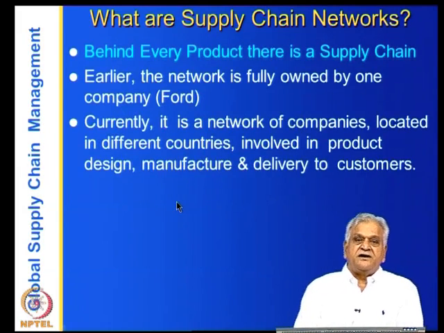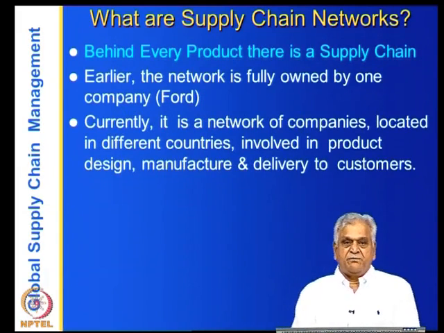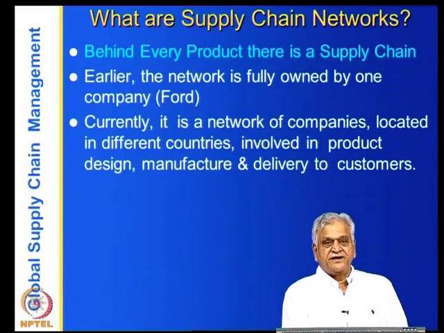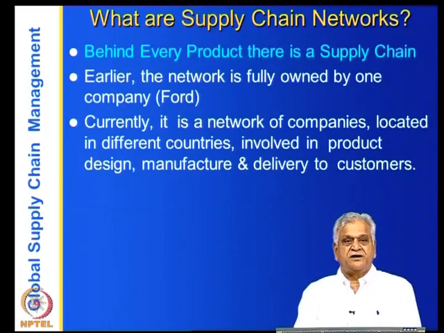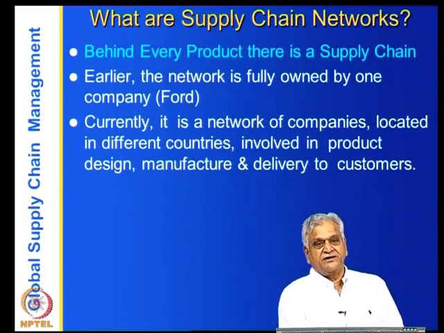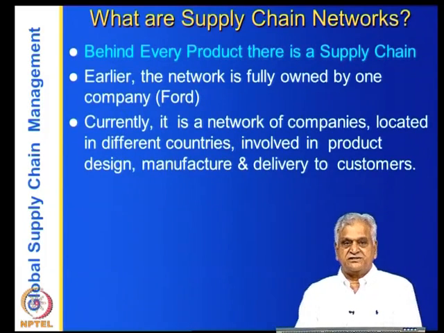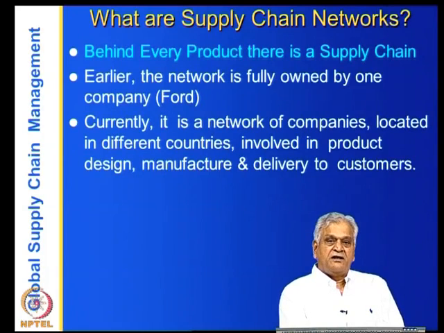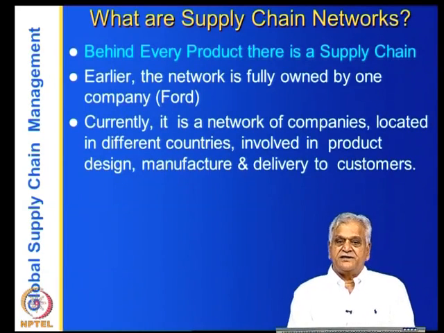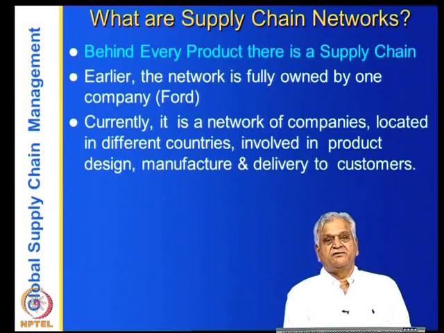So earlier, the network is fully owned by one company. For example, Ford in 1913, he used to own the iron ores, then he used to own the ship to carry the iron ore to the shores, then steel plants, he used to own the assembly plants, all, and finally till the car goes to the dealer, Ford owned everything.